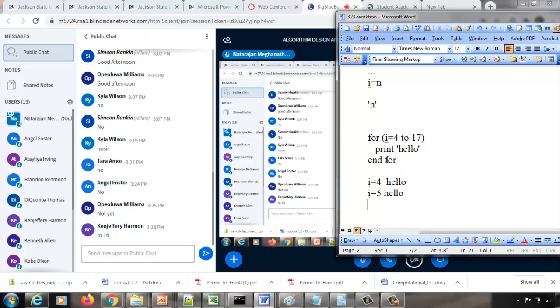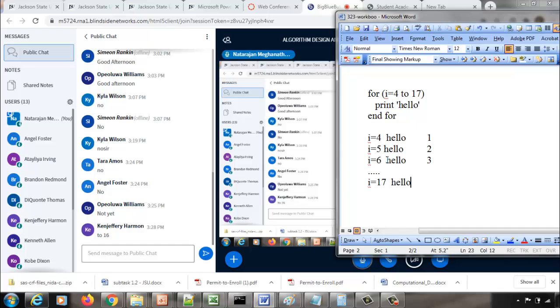We keep going like this until i equals 17. You could manually count 4, 5, 6, 7. When i equals 4, that's the first time you are printing, when i equals 5, that's the second time, then the third time, and so on. What is the count when i equals 17? That's what we want to know.